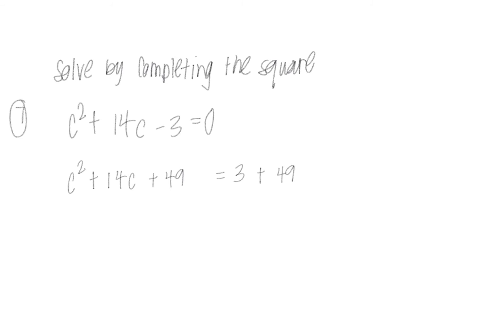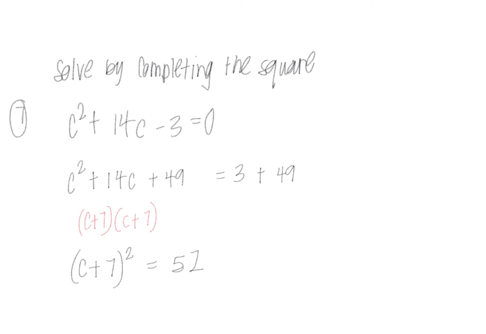So instead of writing it as c plus 7 times c plus 7, that is correct. That's a correct way to write it. We're going to write it as c plus 7 squared, because when you multiply something by itself, it is squared. And then I can use the square root property to solve it.